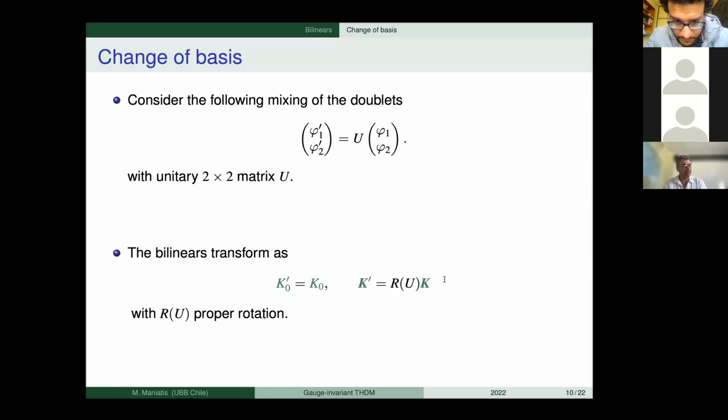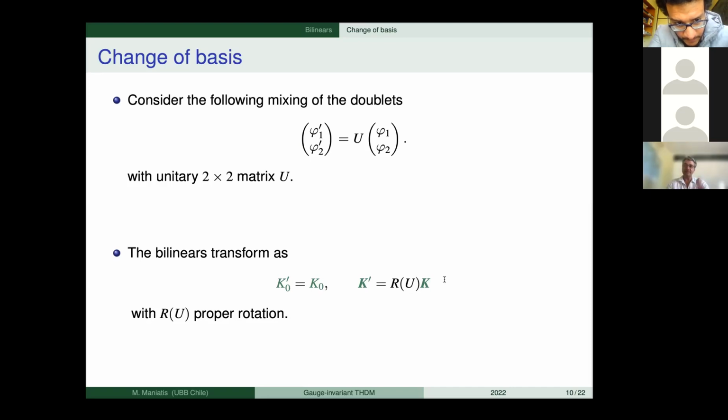Now we have to see what we gain from that, and I hope I can show you quite a lot. For instance, there is a lot of discussion about basis transformations. We have two doublets in the Two-Higgs doublet model, and they carry the same quantum numbers, so we can consider any unitary mixing of the two doublets.